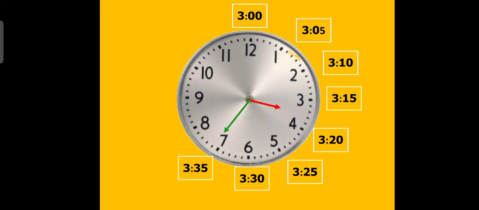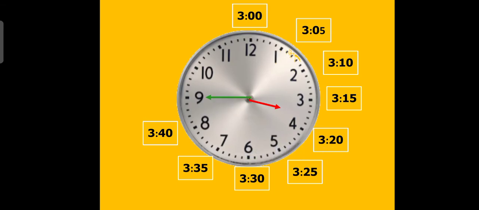It will be 3:35. The short hand is between 3 and 4. It didn't reach 4, so it's 3 o'clock. The long hand reached 8: 5, 10, 15, 20, 25, 30, 35, 40. 40 minutes. The short hand is between 3 and 4 and didn't reach 4. So we have 3 hours and 40 minutes.